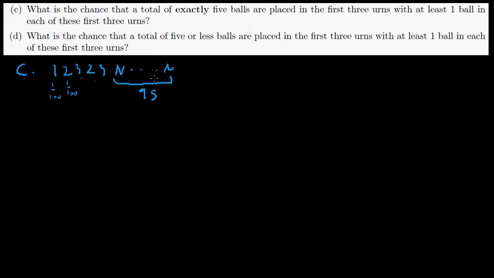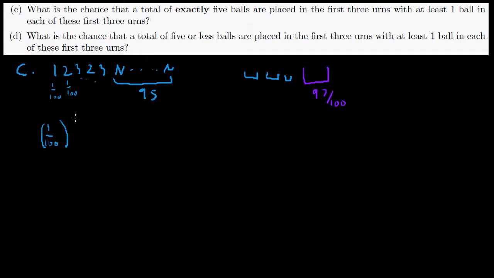But because we've lumped all of the other ones together, we could have urn 1, urn 2, urn 3, and then all of the others. So the chance of getting here is 97 over 100. So for any sequence where 1, 2, and 3 are distinct, but all of the others are lumped together, the chance of that particular sequence is 1 over 100 to the 5th, right?